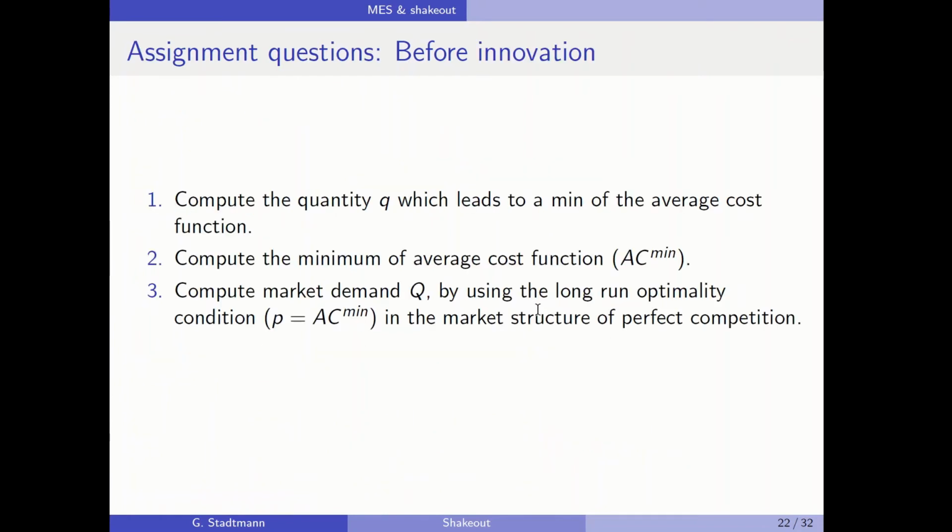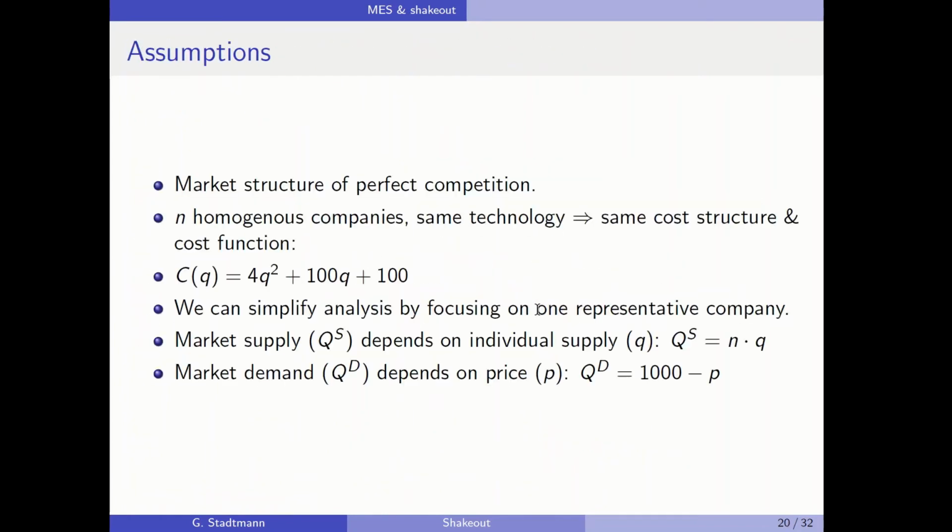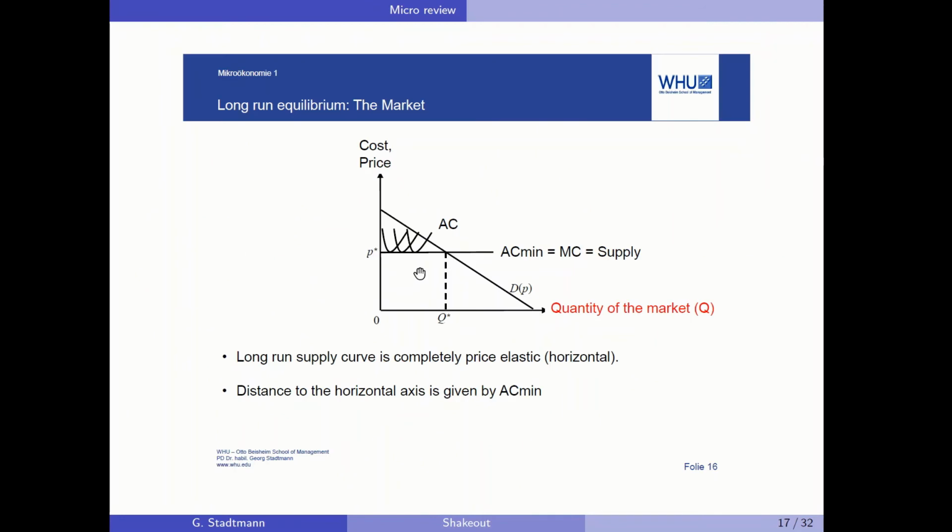Therefore, we know that the minimum of the average cost function is at the level of 140 and that the price in equilibrium will be equal to 140 euros. This is very important information because now we know the output of each and every company.